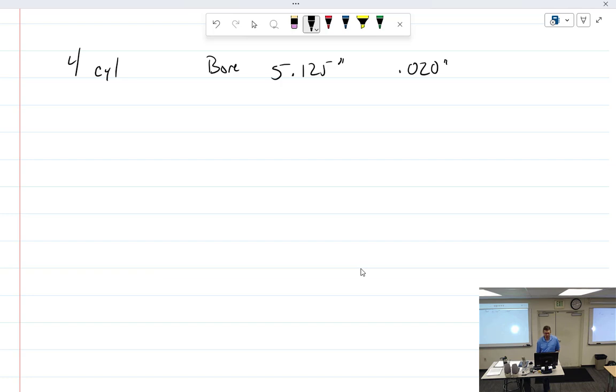And it has a stroke of 3.875 inches. So what does that mean? We can work this together at least to start. What is the bore going to be? It's going to be 5.125 plus 0.020. It was bored oversized.